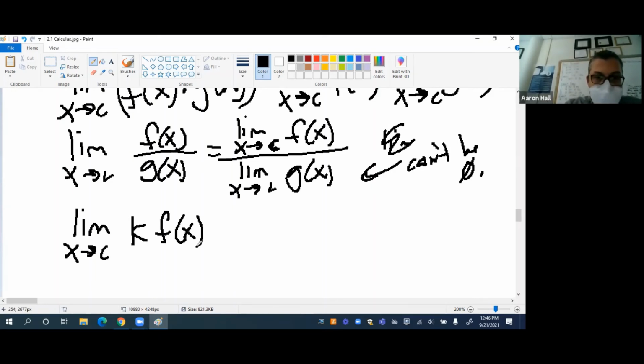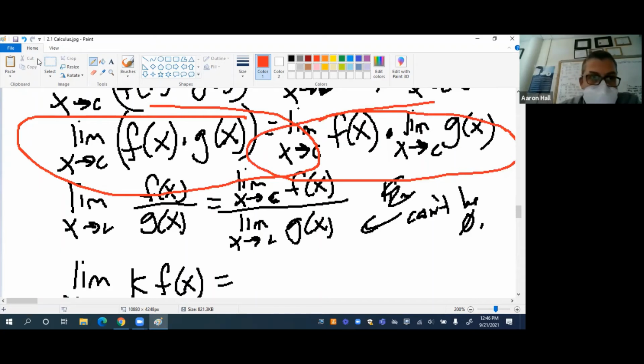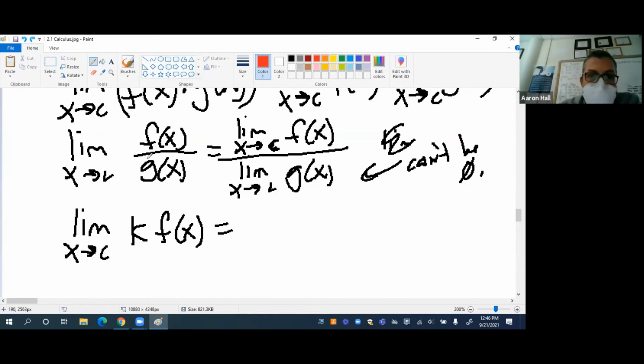The limit of the constant times the function is the constant times the limit of the function. It's very confusing. Well, what it means though is, let's talk about this. We know based upon this law up here that this can be rewritten like this. So wouldn't it also be true? Don't write this down.